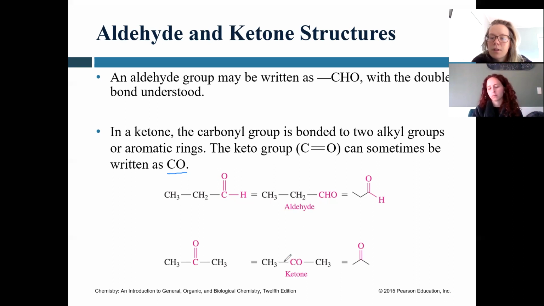Well, there's a bond here on this carbon, there's a bond here on this carbon, and there's no hydrogen. So I have 2 open slots. I know that it has to be double bonded to the oxygen. Sometimes you'll see it written like this. Again, there's that sort of ketone or keyhole shape. So aldehydes at the end, ketones in the middle of the chain.